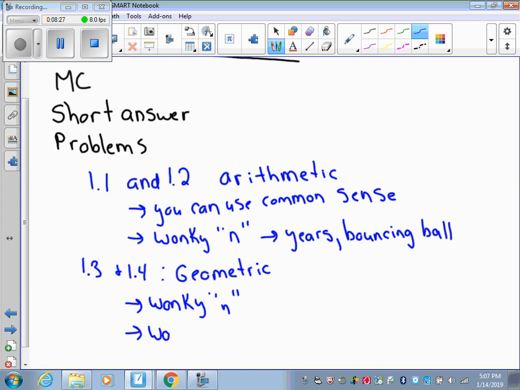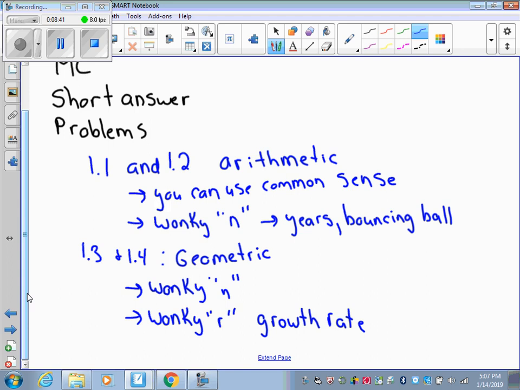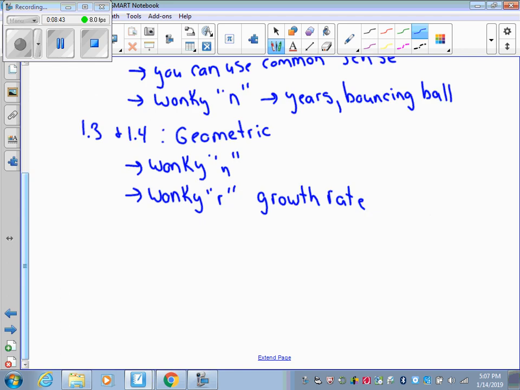That can usually be found with a growth rate. Other similar ones might be like the genes question or medicine, where you find some of those.